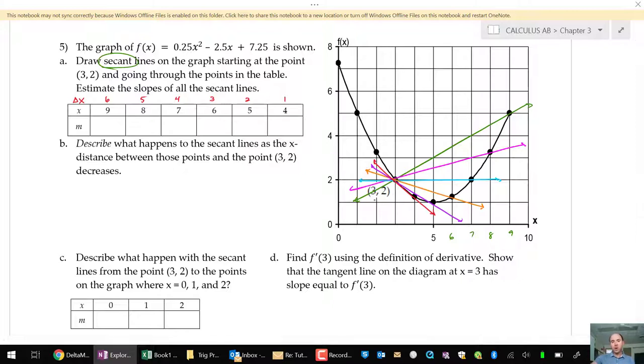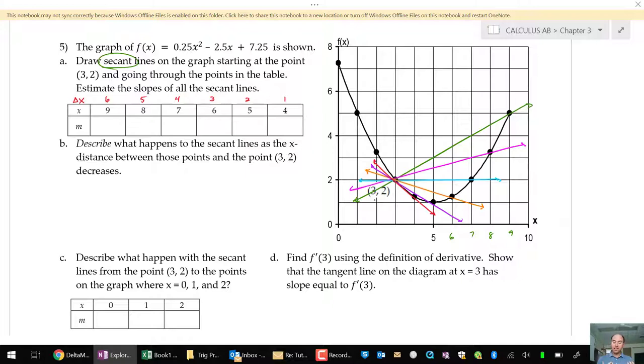And as those secant lines get closer and closer to x equals 3, so from 3 to 9, 3 to 8, 3 to 7, and then 3 to 4, and so forth, 3 to 3.5, 3 to 3.1, 3 to 3.01, what's happening is that these secant lines are actually taking on the form of that tangent line to the function at that point.